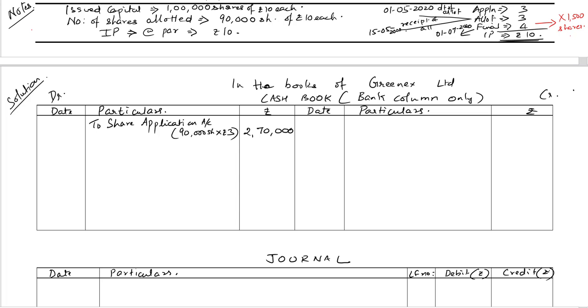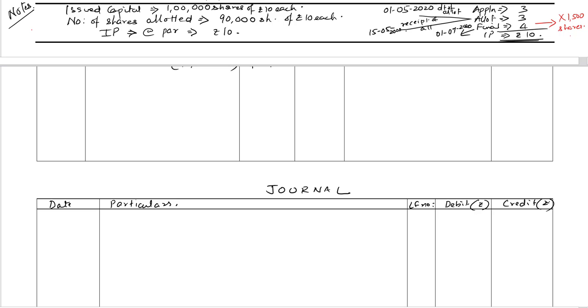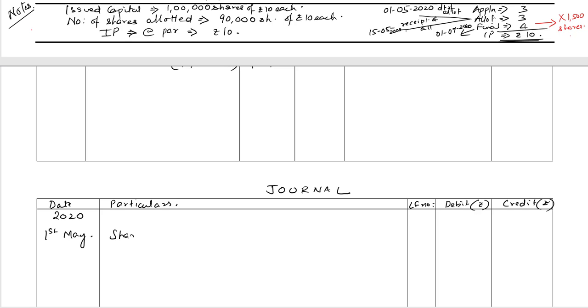The next entry is on the date of the allotment of shares, when the application money has to be transferred to share capital. It's a non-cash transaction. So the date of the allotment, 1st May 2020, share application account debit to share capital account.